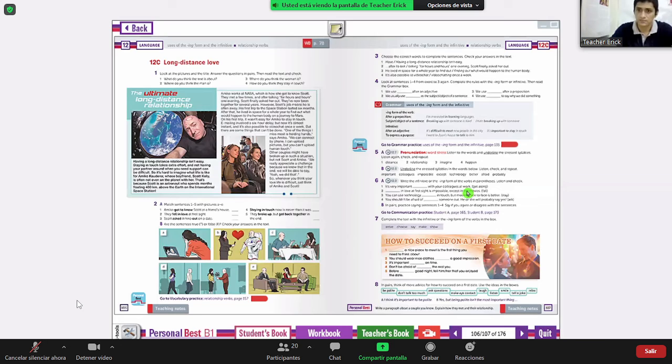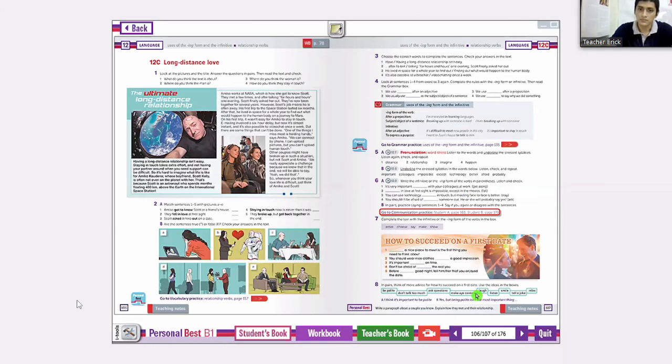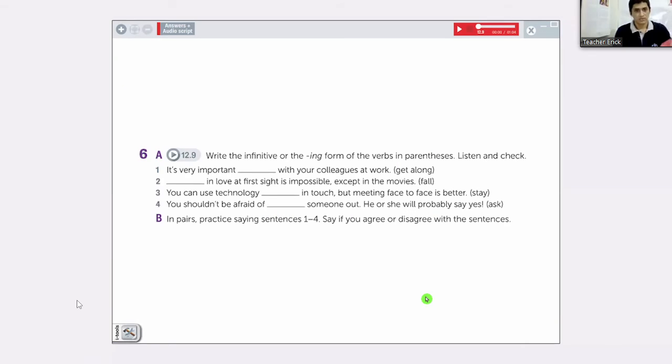Exercise 6. What you have to do here in this case is to write the infinitive or the ing form of the verbs in the brackets. It's very important. Preposition, adjective.